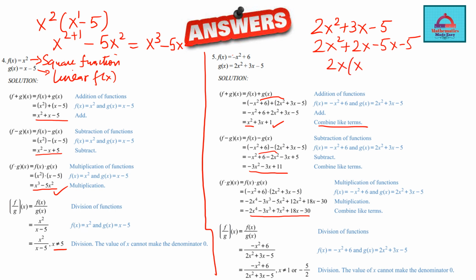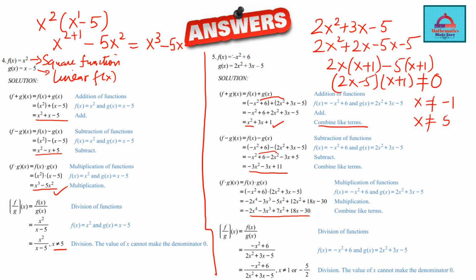Take 2x common, so 2x times x plus 1, minus 5 times x plus 1. So it is 2x minus 5 and x plus 1. This cannot be 0. That means x cannot be equal to minus 1 and x cannot be equal to 5 by 2. So this is how you get your answer for this question.